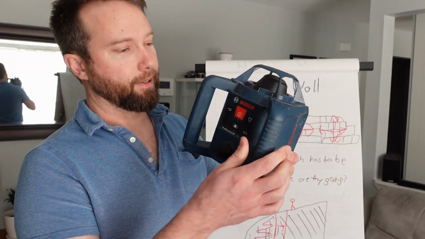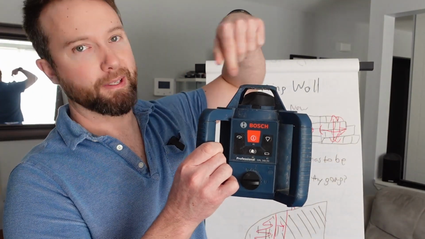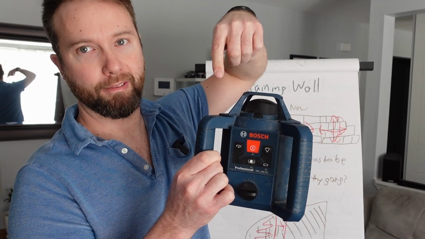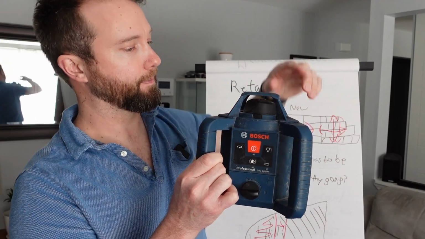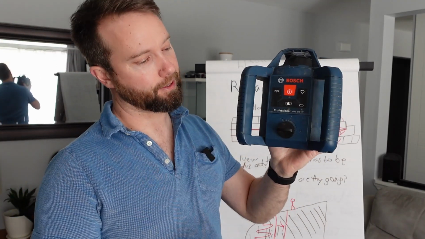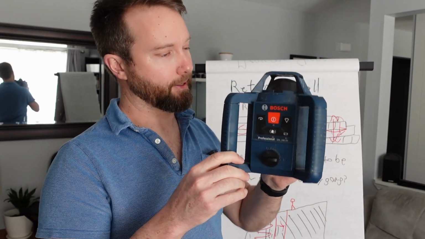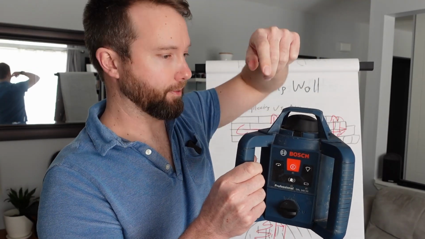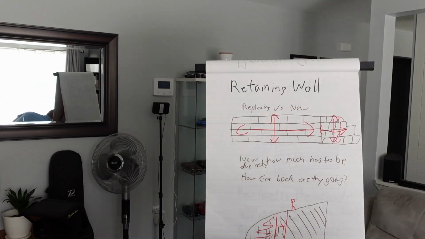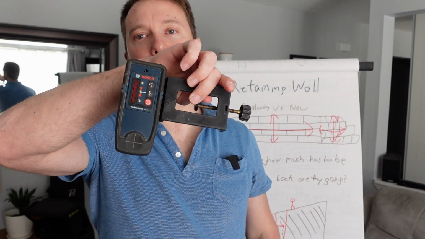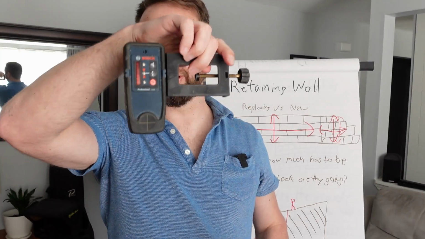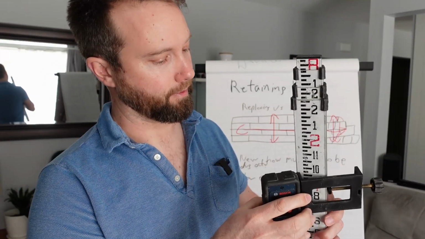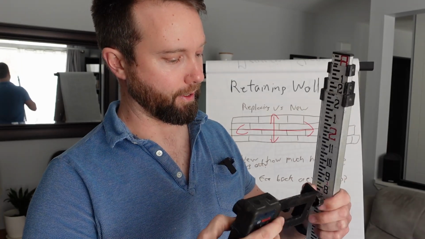This is the laser level, and what it does is it spins at the top here and shoots a laser perfectly level 360 degrees. So you would place this on a stand at the top of the hill, and it's going to shoot the perfectly level laser around. And then this little receiver here is going to pick up the laser, and you attach the receiver to this stick.